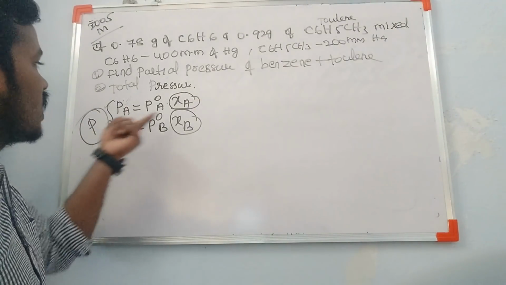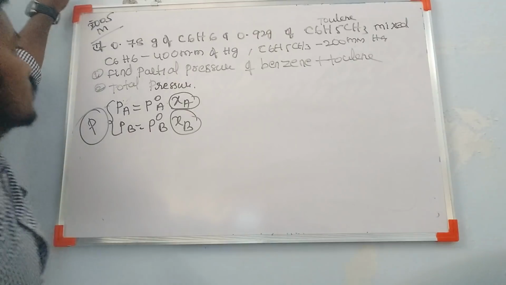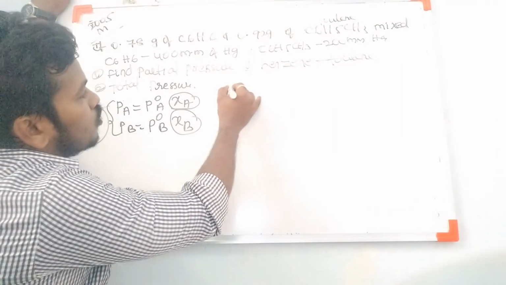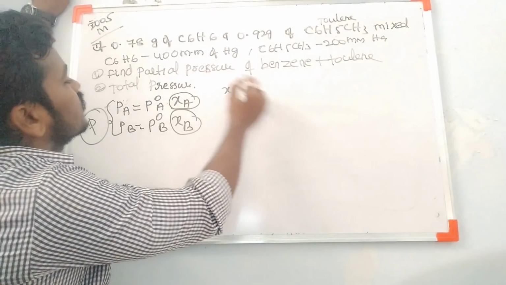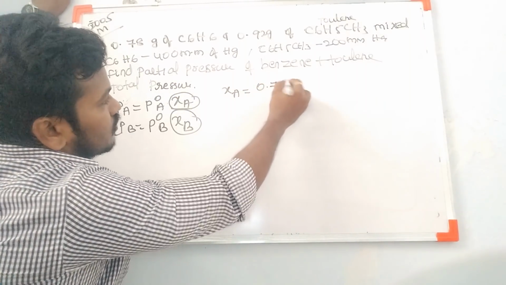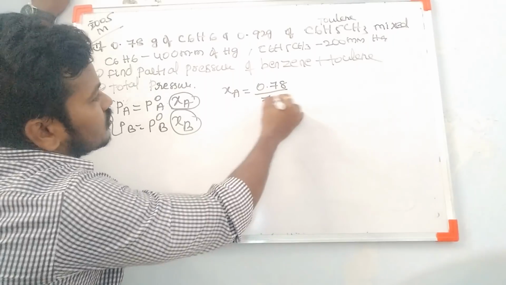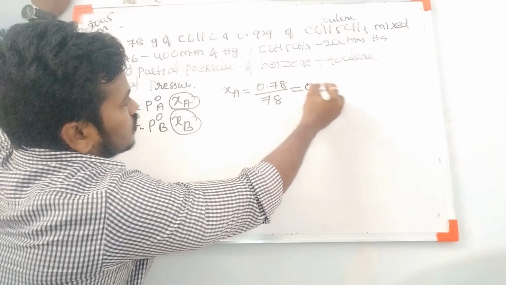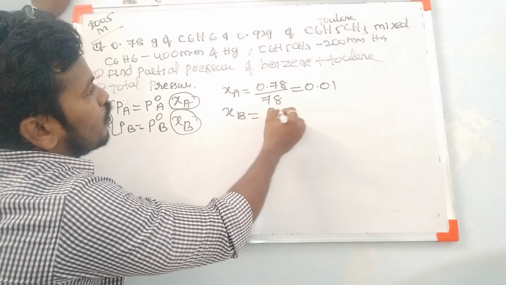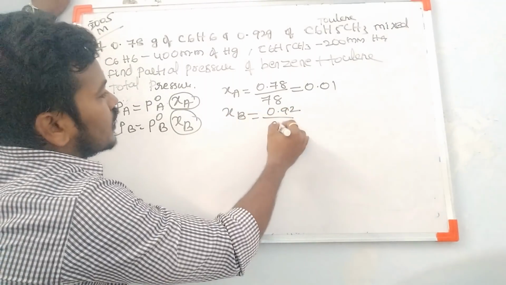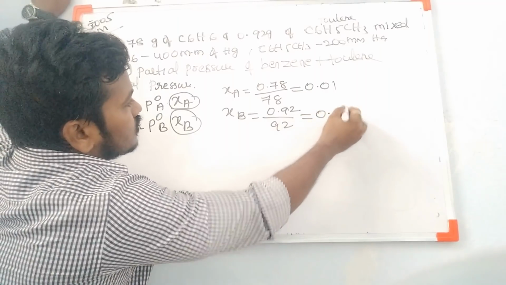Moles of benzene is weight by molecular weight, 0.78 by 78, which is 0.01. Moles of toluene is 0.92 by 92, which is also 0.01.